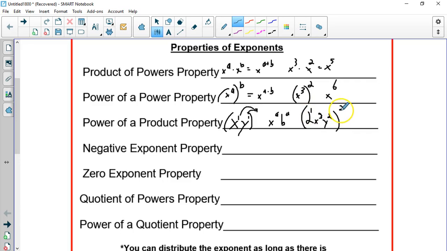Don't forget to distribute this 2 to the number, not just the variables. So in this case, that's going to be 2 to the 2, x to the 3 times 2, as we just learned, 6, and y to the 2 times 2, 4. And when we can, we always want to simplify our numbers. So 2 squared is 4, and then just x to the 6th, y to the 4th.